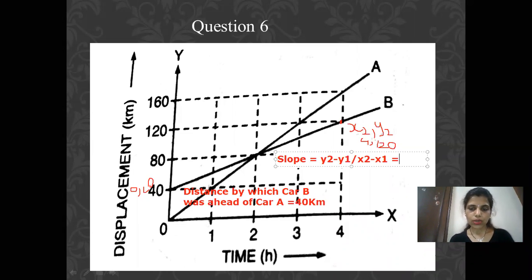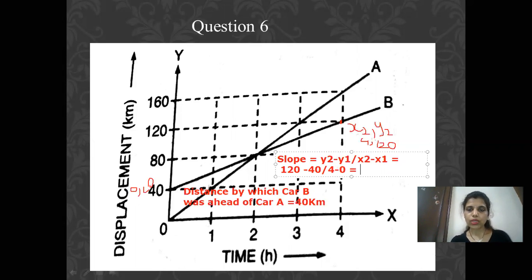So that is equal to, if you see, y2 is 120 minus y1 is 40, upon x2 is 4 minus x1 is 0.